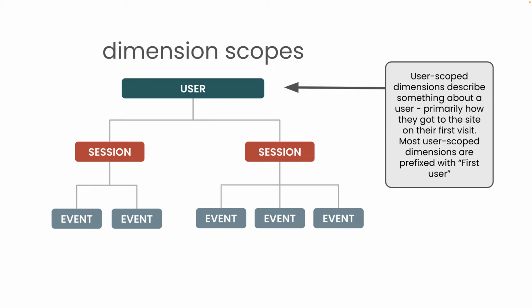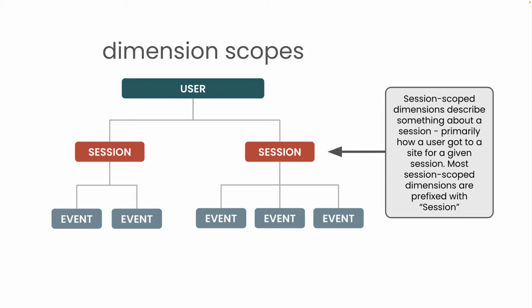User scope dimensions describe something about the user. The main user scope dimensions in GA4 describe how a user got to a website in the first place. Most user scope dimensions are prefixed with first user. An example of that would be first user source medium, which describes the source and medium by which a user got to the website on their first visit.